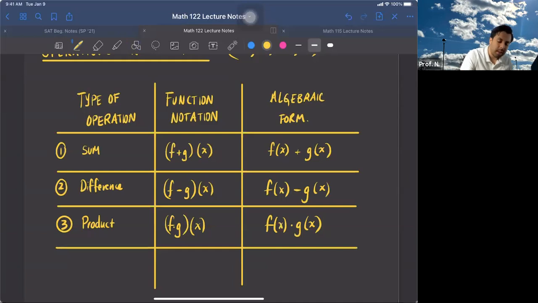And the last one of these common ones is going to be division, or a quotient. The division looks like this: (f/g)(x). What this means is that f of x is being divided by g of x.